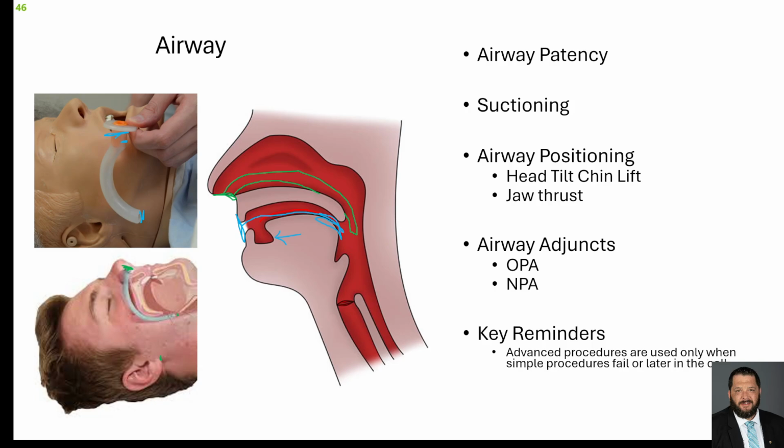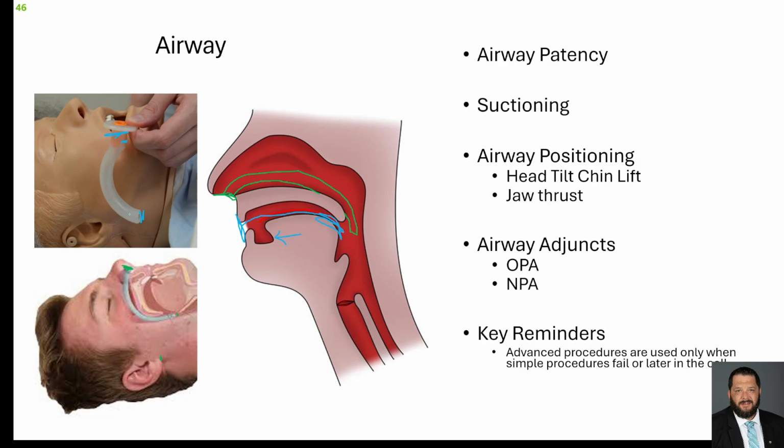For advanced providers, if you're training as an EMT or a paramedic and you're looking at advanced airway techniques, and this is predominantly for paramedics when we talk about things like intubation, advanced airway procedures are only used when basic maneuvers fail. So if we can maintain a patient's airway patency with an OPA or a head tilt chin lift, then we're going to wait to intubate until later in the care spectrum.